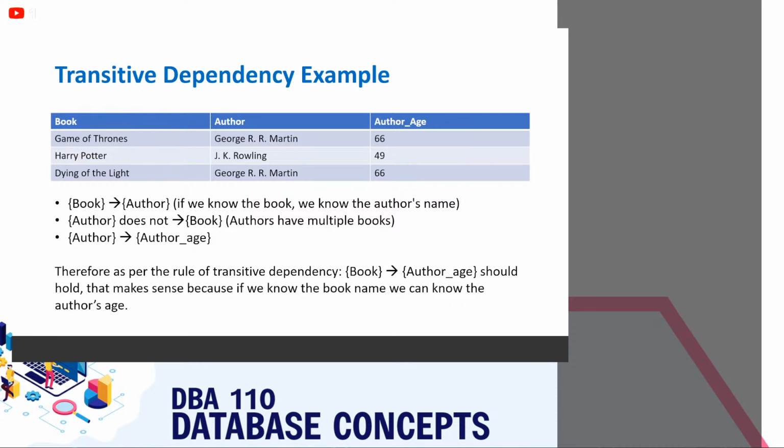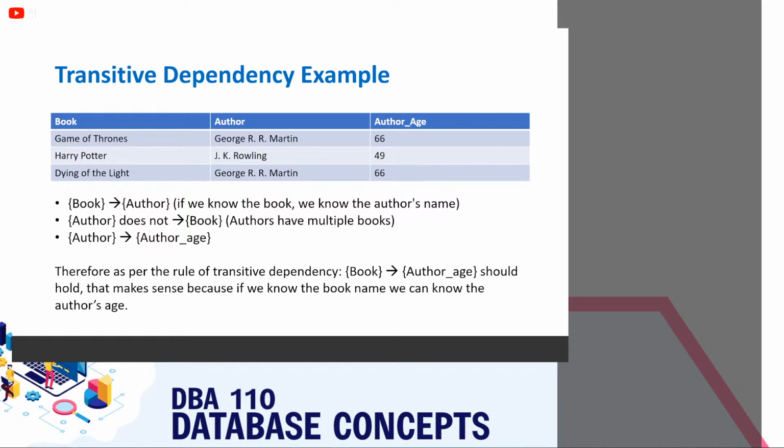So, it kind of gets back to that X is Y and X to Y and Y to Z. And so, if we look at a transitive dependency, we could see how a book and the author age could be dependent on one another. Right? But it's only dependent on one another because we know the author.